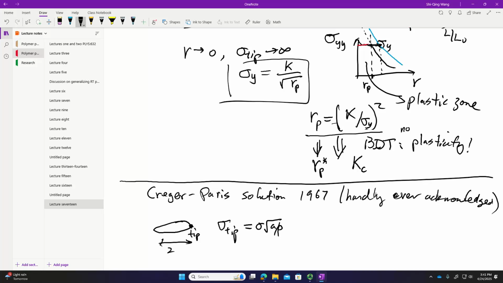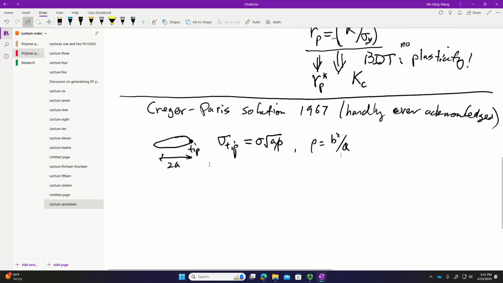So rho can be written as B over A. So basically, that's English. And by the way, as long as rho is not 0, this formula survives. So there is no infinity.